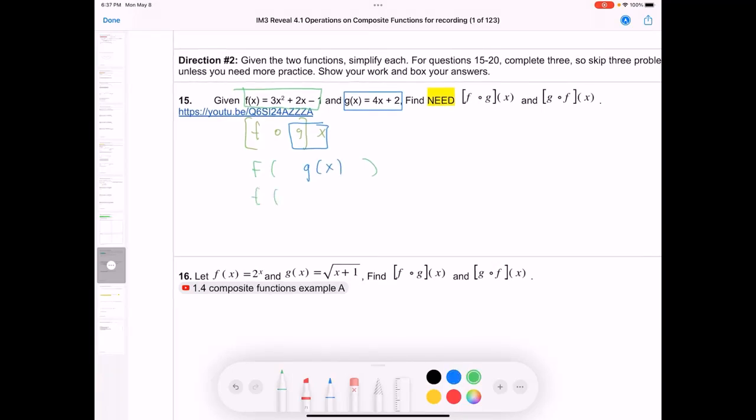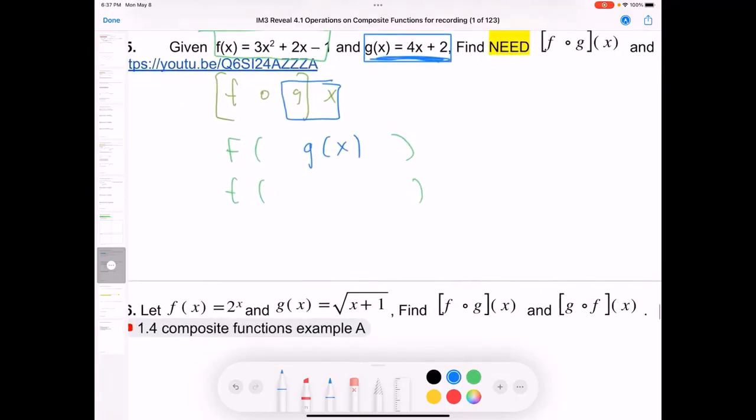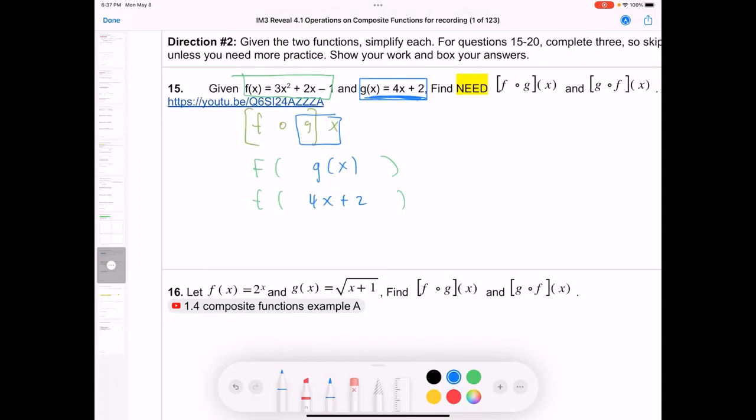And g of x is equal to 4x plus 2. So that means in my f function, every time I see x, we're going to put in there 4x plus 2.